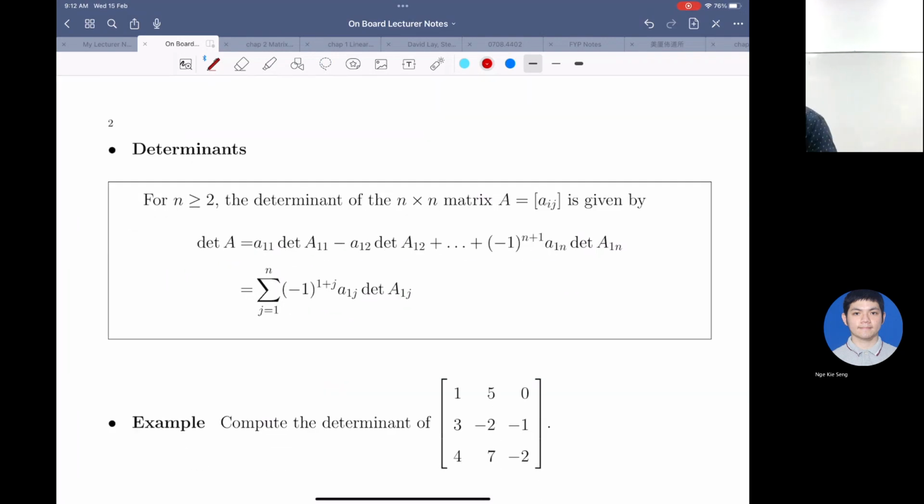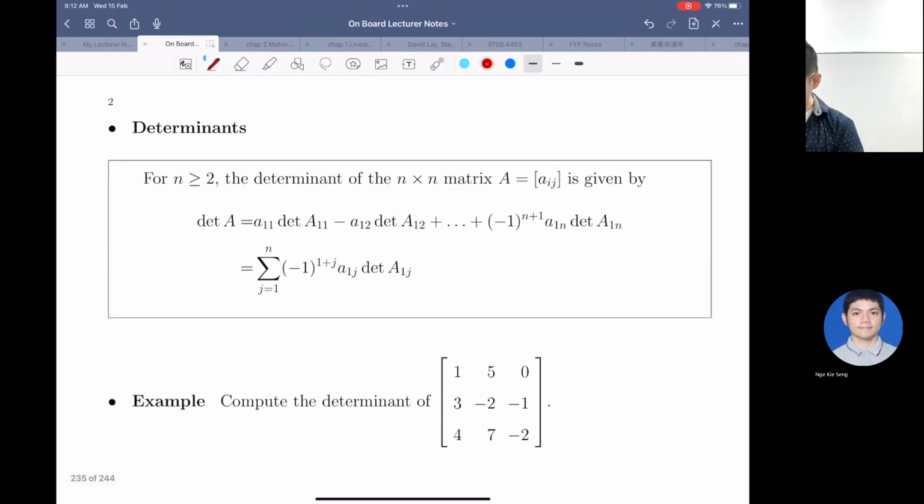Next, the theorem, or the definition, for the determinant of an n by n matrix for n greater than or equal to 2 is given by this formula here. So the determinant is A11 multiplied by the determinant of the A11 minor, then A12 multiplied by the determinant of the A12 minor, and then you have this alternating sum here.